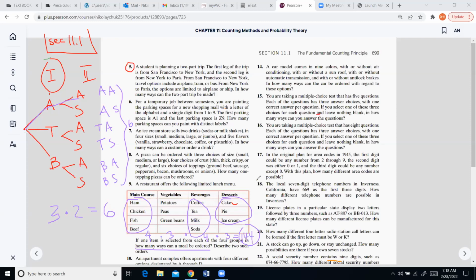Let's say exercise number 18. That talks about 7-digit telephone numbers somewhere in California that have 669 as the first 3 digits. So if the first 3 digits have already been taken, how many choices will remain for the last 4?